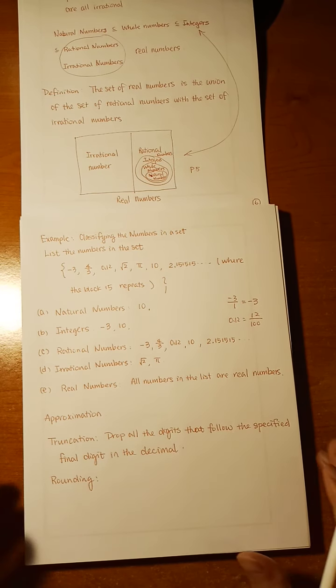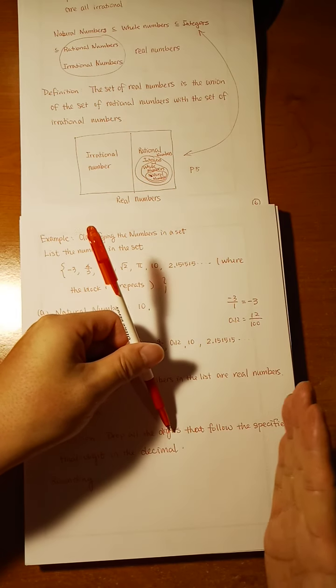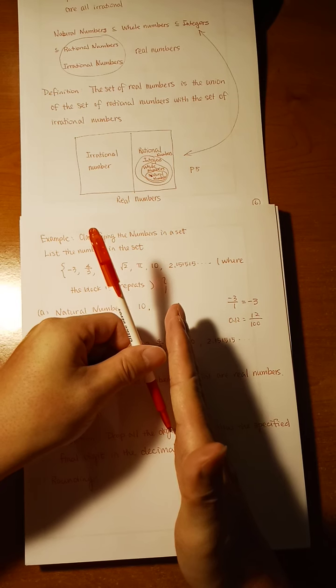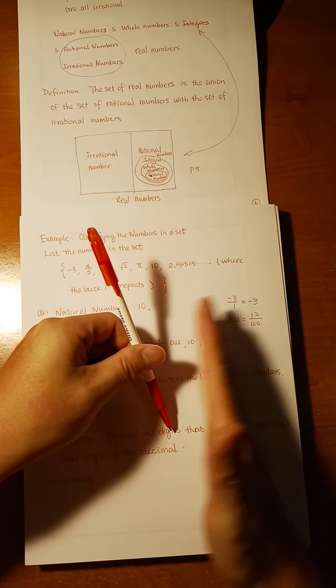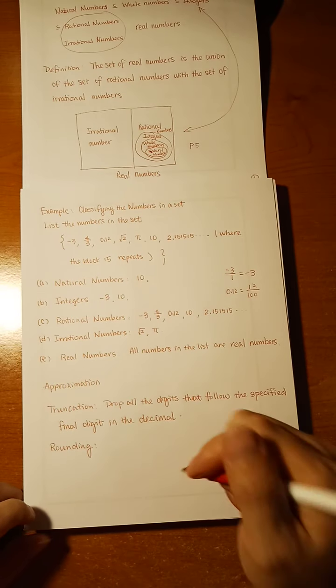So truncation is a simple way. Whenever you already have a specified final digit, you just cut it at this point and remove all the tails. So that's truncation.